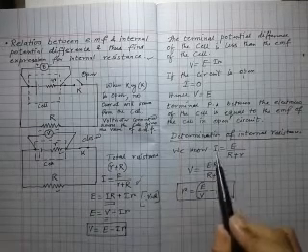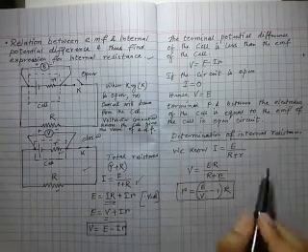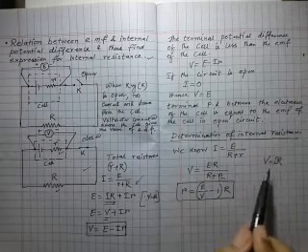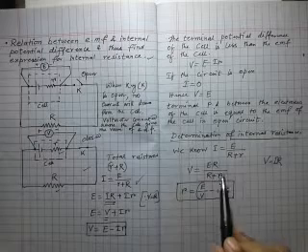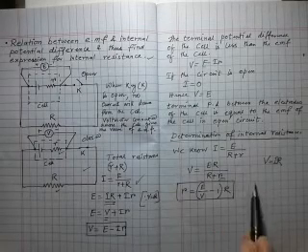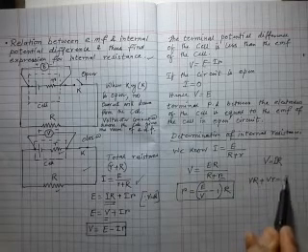What I did: I is equal to E by R plus r from this circuit, and we know V is equal to IR. Then put the value of I here, and then we'll solve this. I'll show you the calculations. So VR plus Vr is equal to ER.